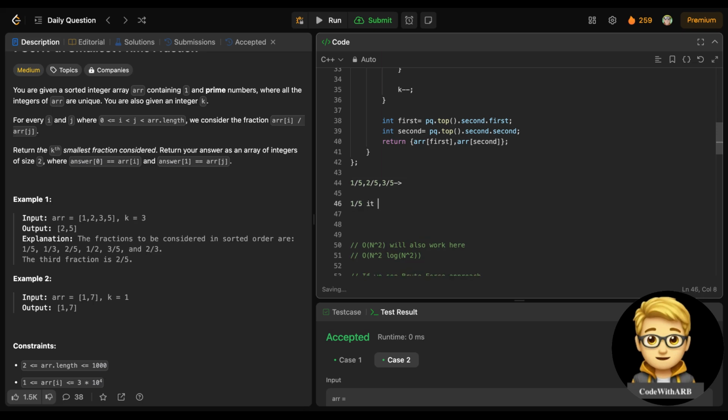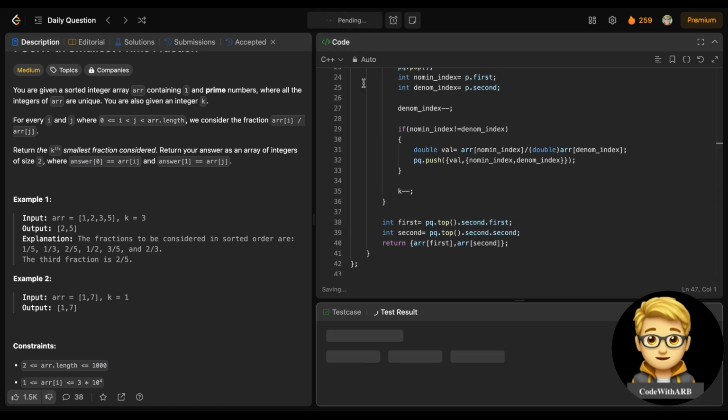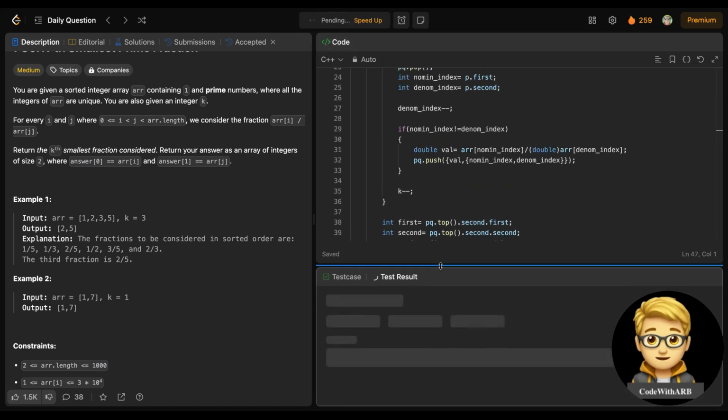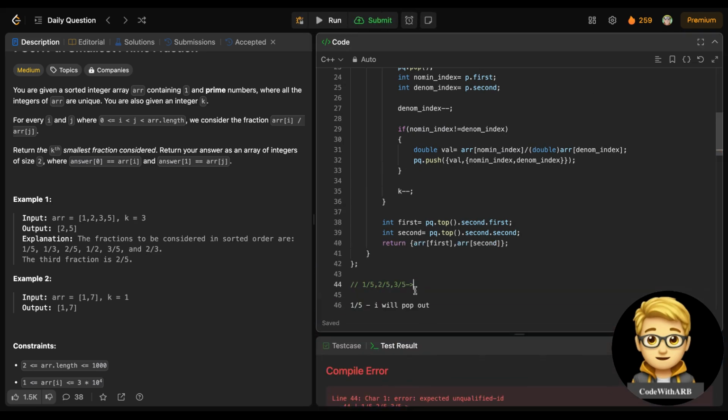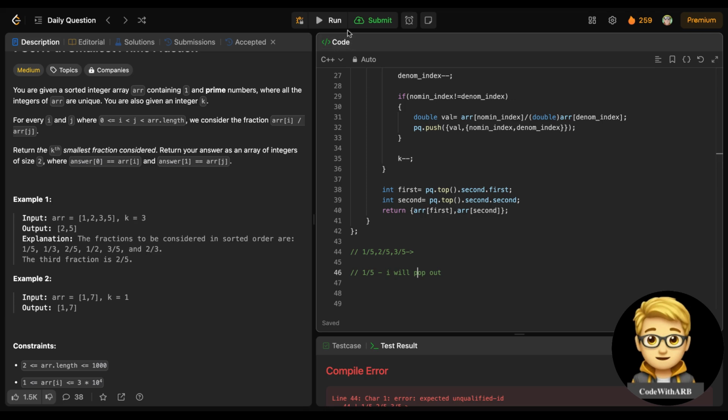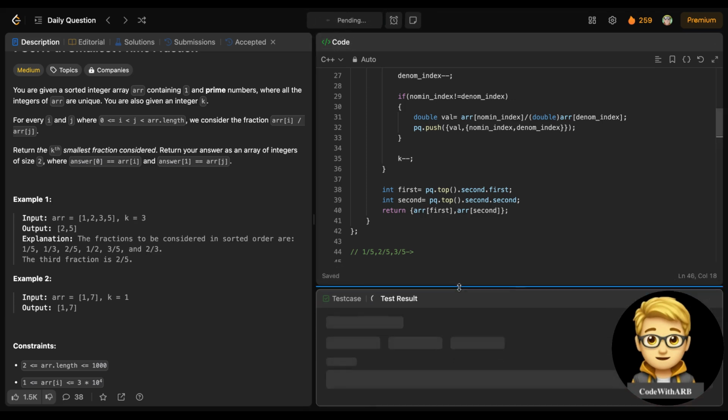So it will pop out, right? So let's see the sample case. Okay, this should be removed. Then we will understand how this is working. Let's run the sample case.